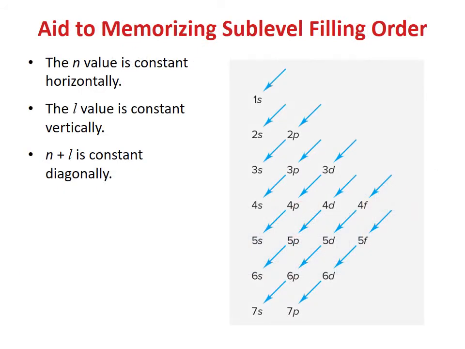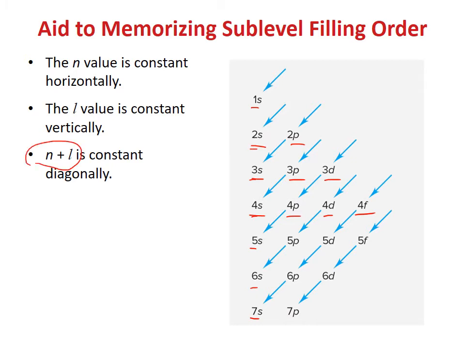Here's another way to show the order of the energy levels of different orbitals. First, write the principal quantum number vertically, 1, 2, 3, 4, 5, 6, 7, and then draw all the orbitals for each principal quantum number. So for example, here is 2s, 2p, and here 3s, 3p, 3d, 4s, 4p, 4d, 4f, and so on. And then draw diagonal arrows so that n plus l is constant.